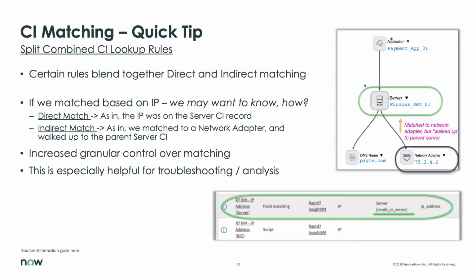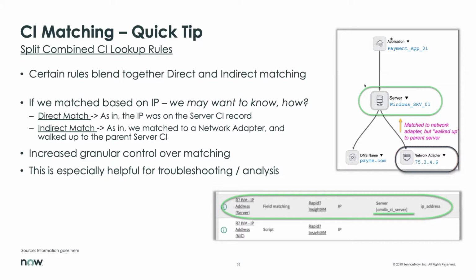We want to say, oh yeah, we found this NIC or network adapter, give me the server that's attached to it. If we don't find a match there, then we fall back to saying, okay, I couldn't find any network adapters. As a fallback, let me look at all the servers and search for an IP on the server itself. So where we go through the network adapter and walk up, we call that an indirect match. And if I find the IP address directly on the CI, we call that a direct match.